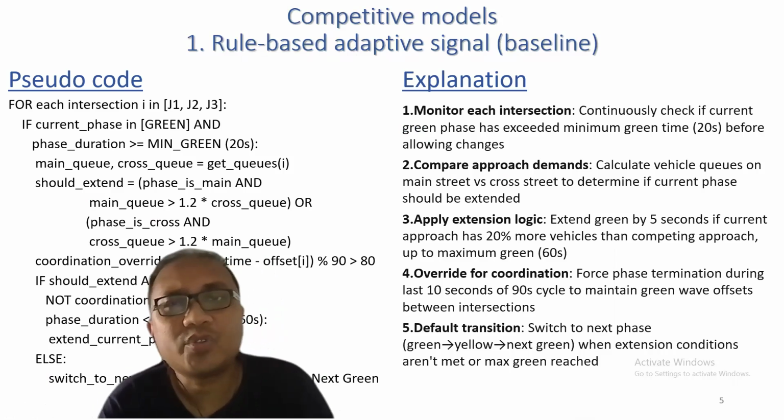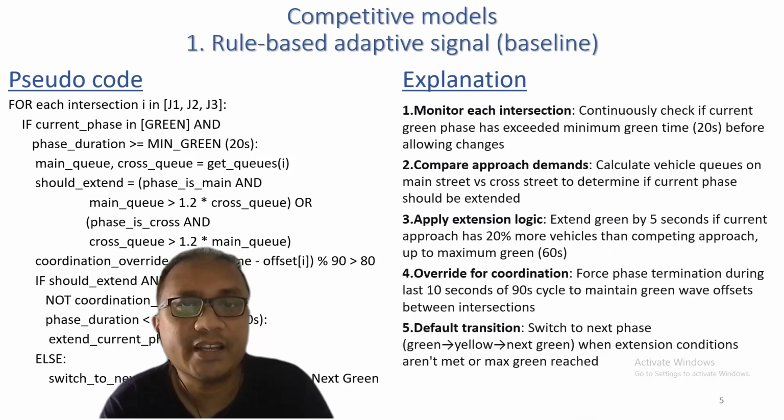Next, I want to talk about the competitive models. First one is the rule-based model. In the rule-based model, the pseudocode is provided, and it consists of five components. One is monitor each intersection, compare approach demand, and apply extension logic. So how do we compare the approach demand?